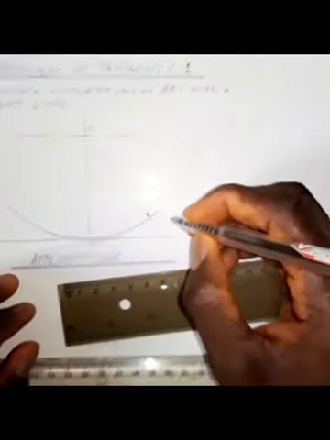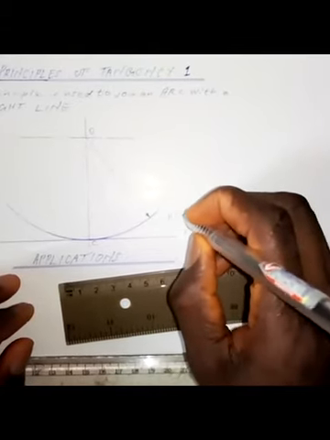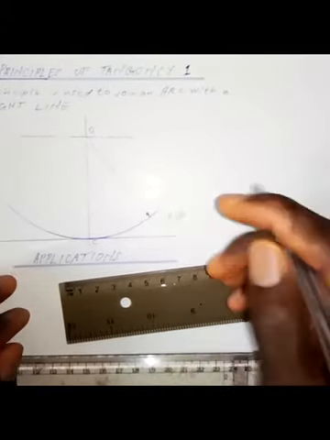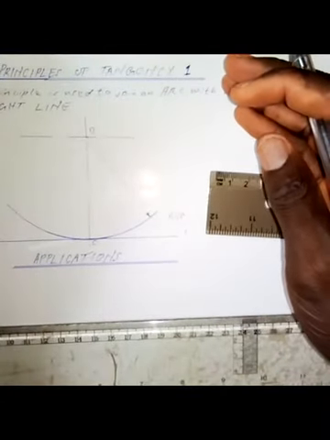So this is radius 60, radius 60 mm. So this is the first principle of tangency.